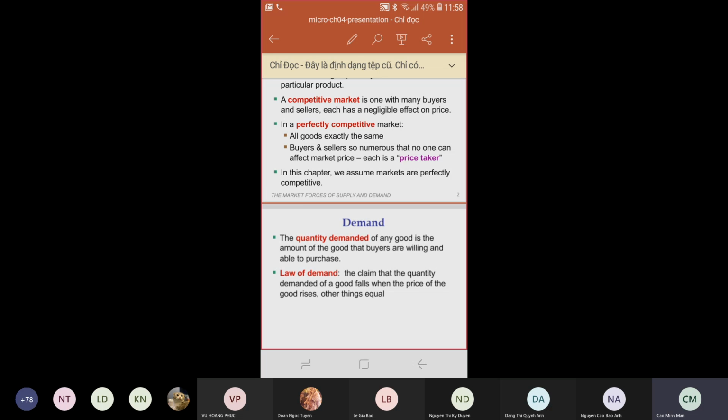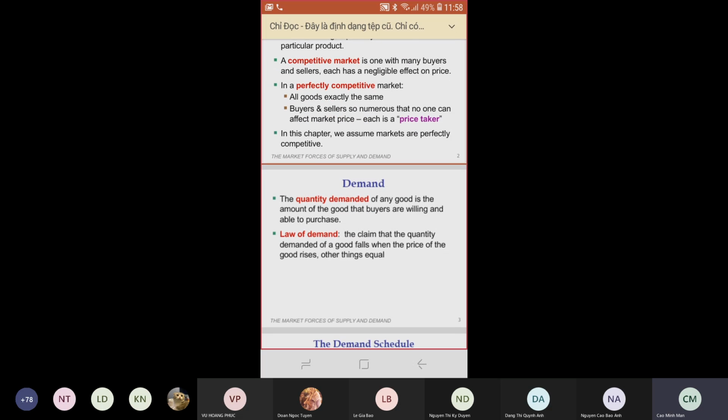The reason why in this market sellers are price takers. This means they have to accept the market price. The reason why you see the bubble word, price taker. You are the owner of the gas station. You are the seller of the stock.